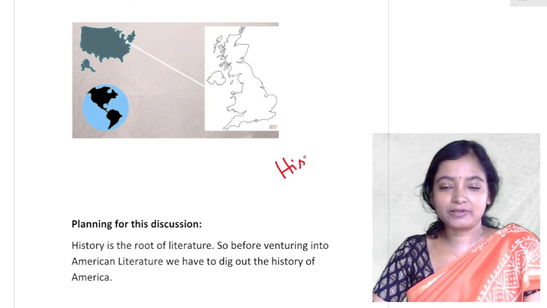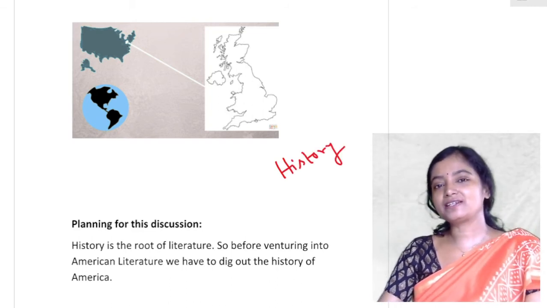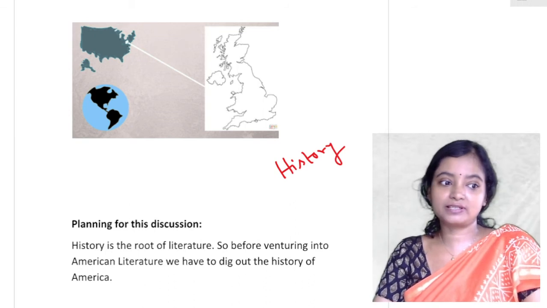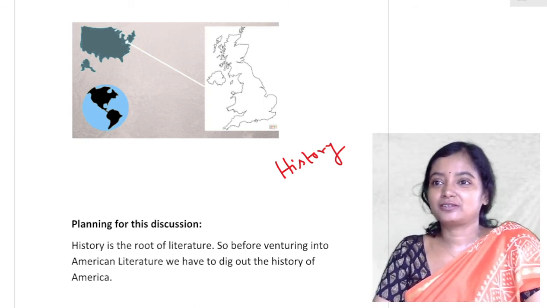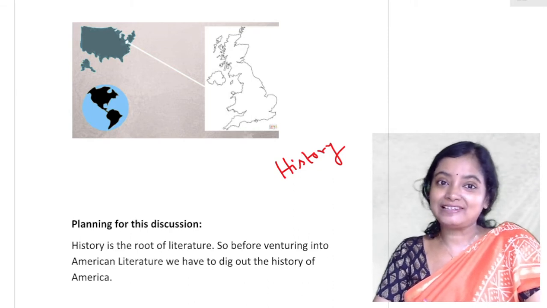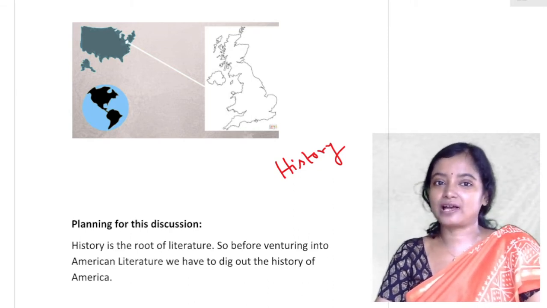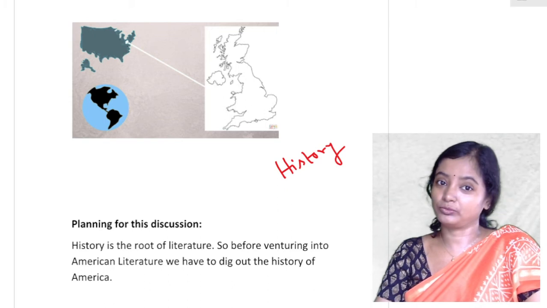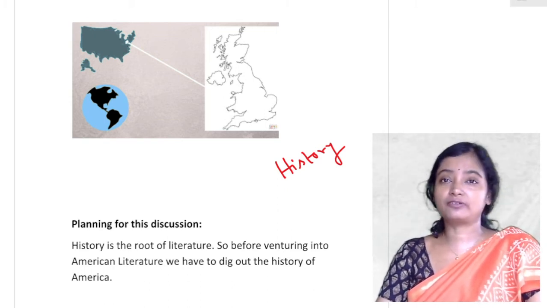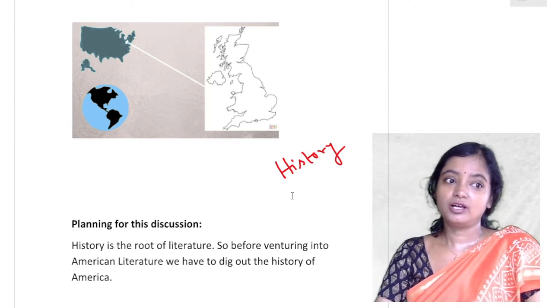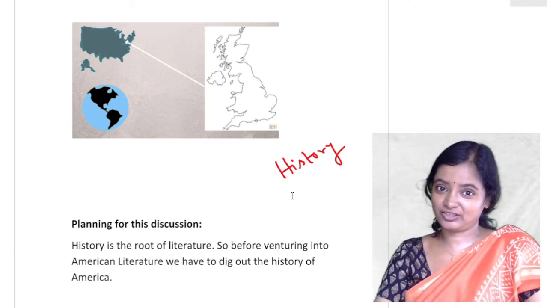And at the very beginning, we know that American literature is, you can say, the newest literature, because in comparison to other literatures, its resource and its source is new, contemporary. You don't have to dig out far to get the root of American literature.